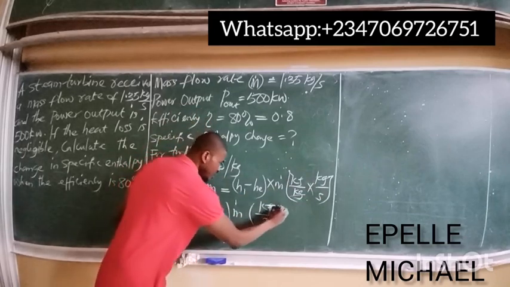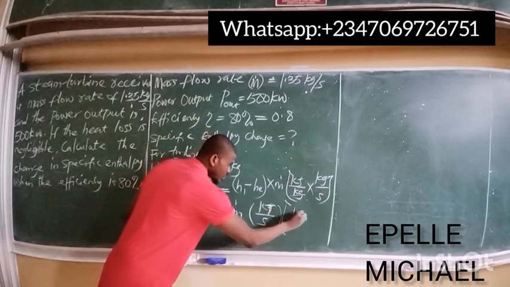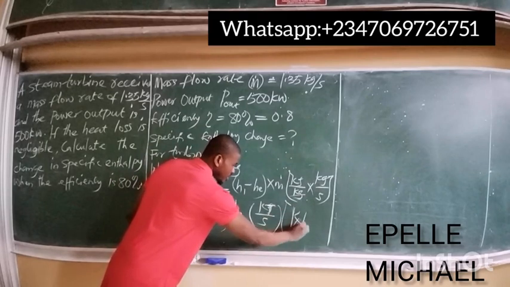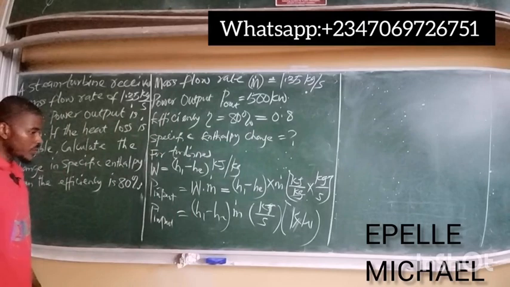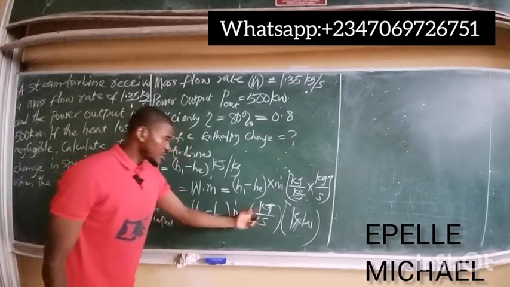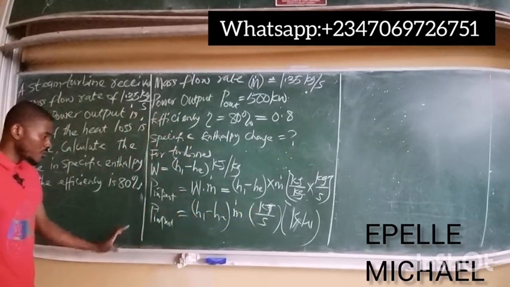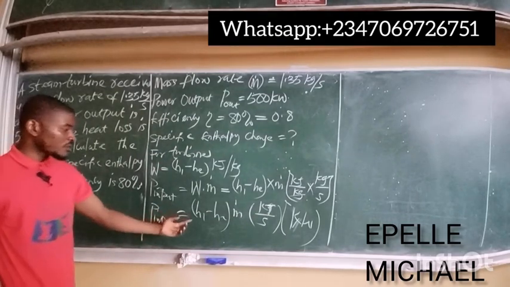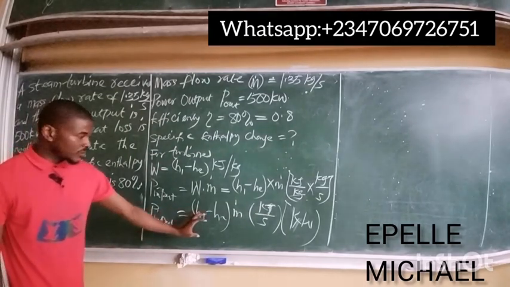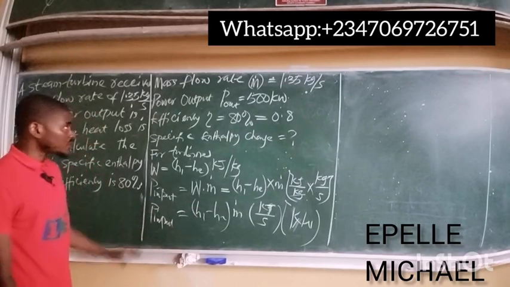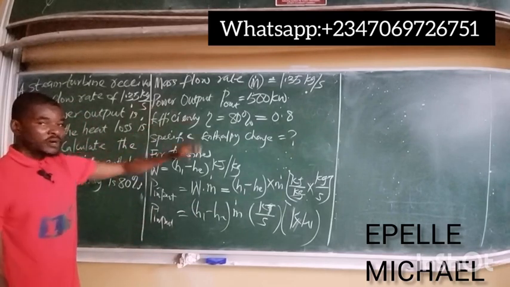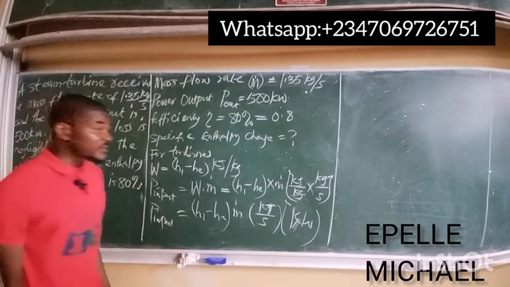Kilojoules per second is the same thing as kilowatts, which is the unit of power, because joule per second is watts. So the power input is simply h1 minus h2, the specific enthalpy in the turbine, times the mass flow rate. That gives us the power input into the system, because from the question we are given the power output. Now what is efficiency?